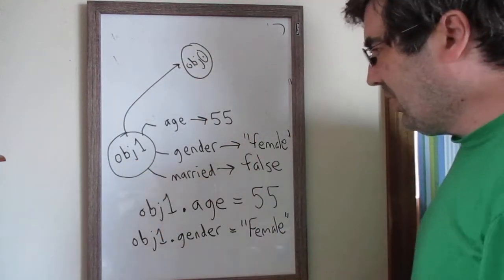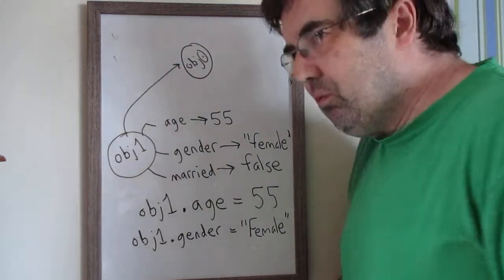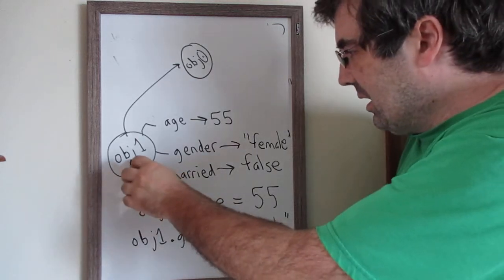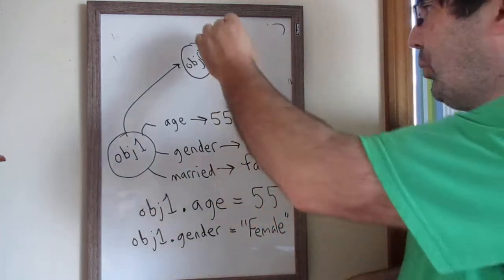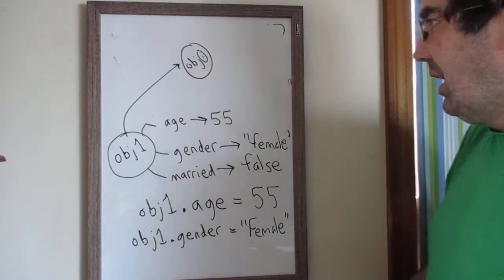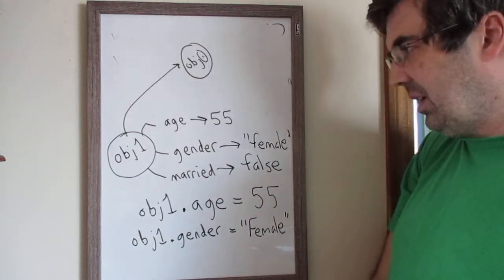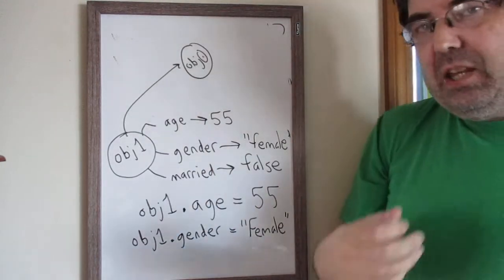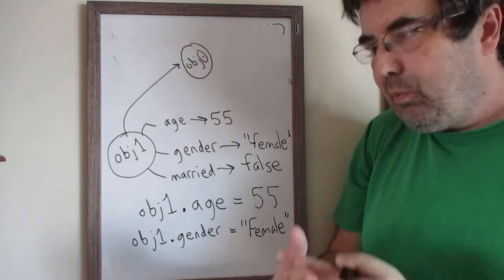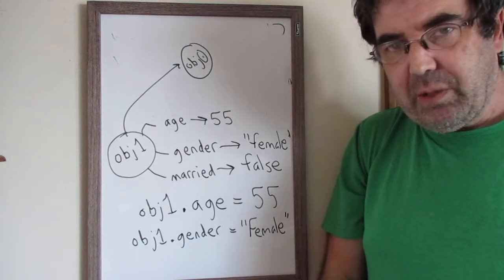So you can use this object to get access to properties from the object itself, but also properties that are attached to its prototype object, and also properties that are attached to the prototype object of the prototype object. We'll discuss that later.